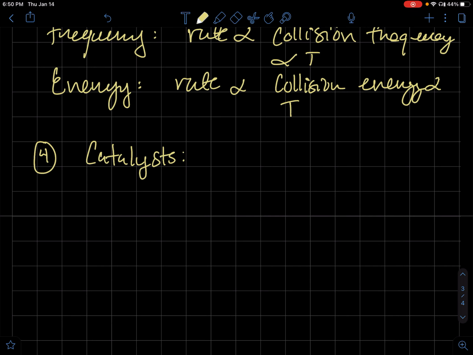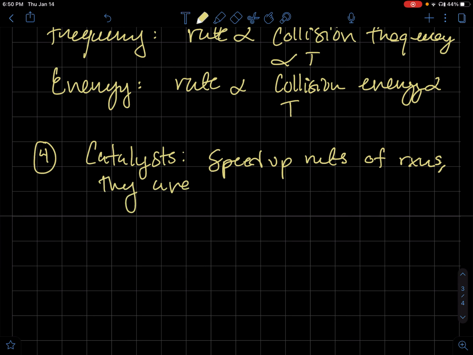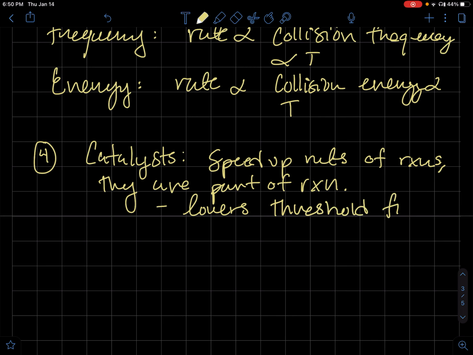Again, catalysts speed up rates of reactions, and they are part of the reaction. I guess they're participants in the reaction. And one thing to know is that it lowers the threshold frequency.